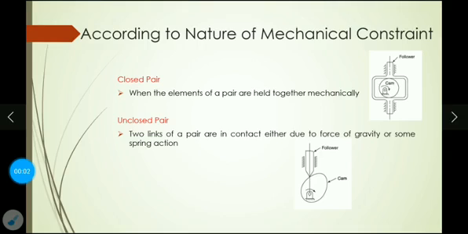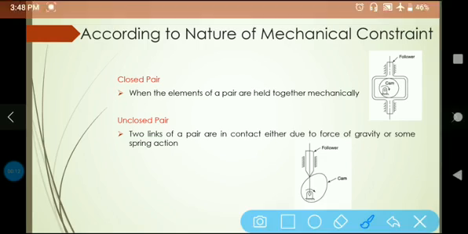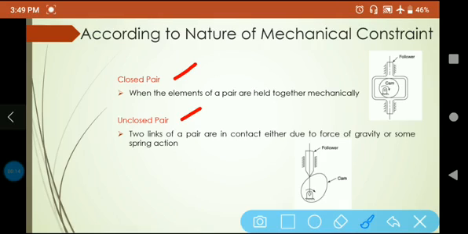Now there is the second type of classification for kinematic pair, that is, according to the nature of mechanical constraint, the pairs are classified as a closed pair and an unclosed pair. In the case of a closed pair, the links are held together mechanically by some mechanical fasteners or by welding.